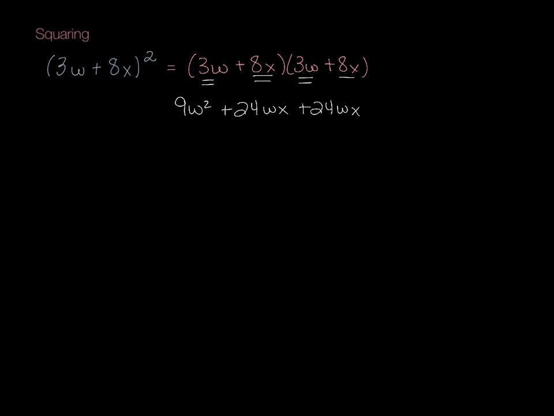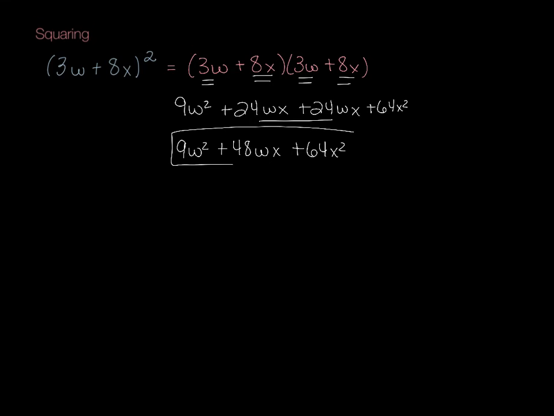And then multiplying the last two terms together, we would get plus 64x squared. Combining like terms, that gives us 9w squared plus 48wx plus 64x squared. If you had simply tried to distribute the square, you would be missing that middle term, so the polynomials would not be the same.